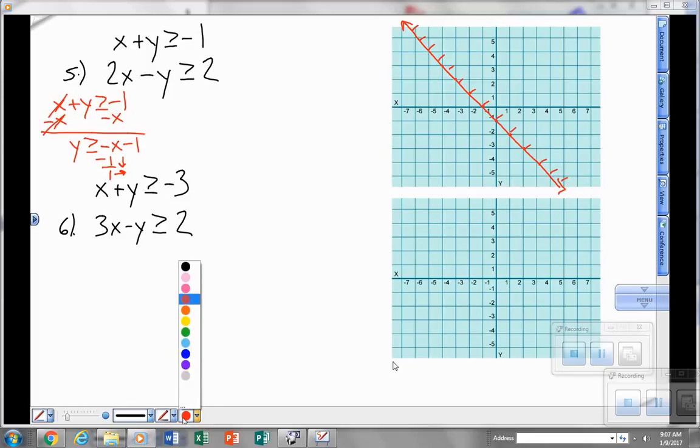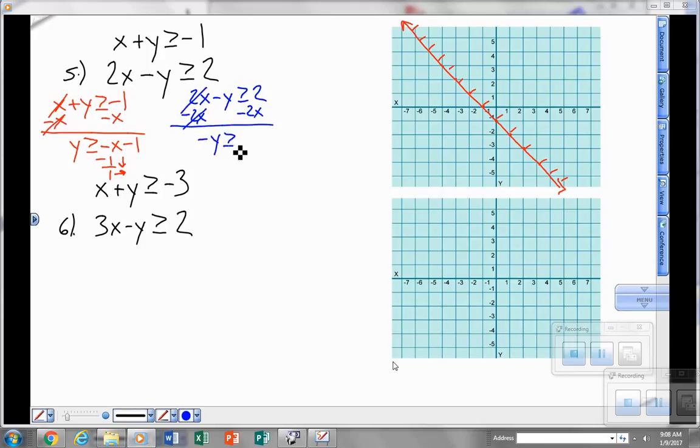The second one will take a little longer because I need to solve this using 2 separate steps. I need to start by subtracting 2x on both sides, bring down that -y and the inequality. And then right here, I need to divide both sides by -1 because -y is not considered solved.